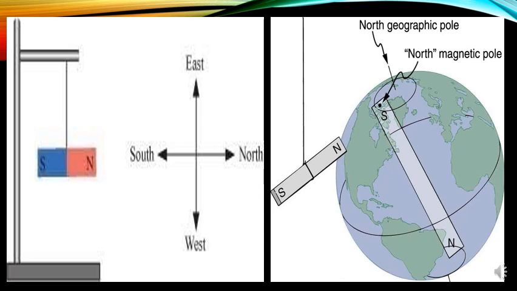You can see in the right side diagram the north geographical pole and the south geographical pole of the earth. Whenever a magnet is suspended freely, the north of the bar magnet which is suspended points towards the geographical south pole.